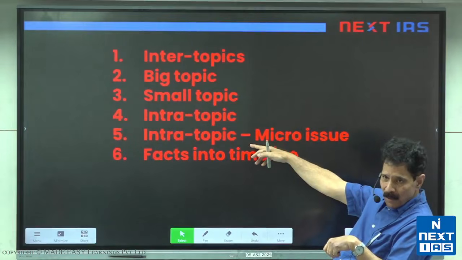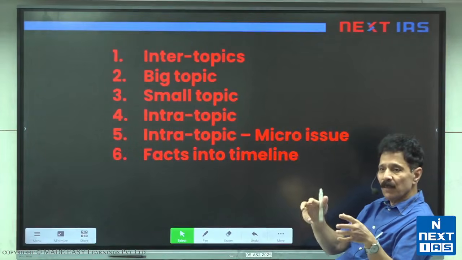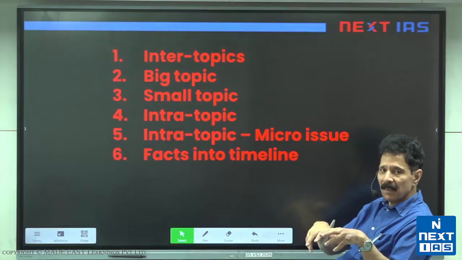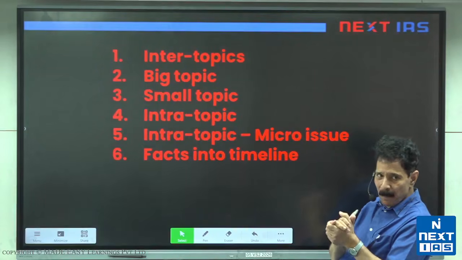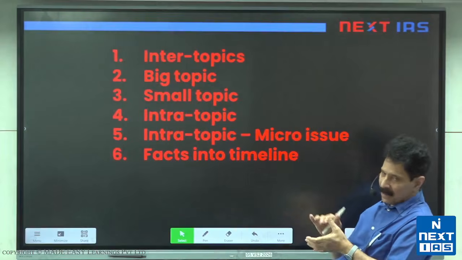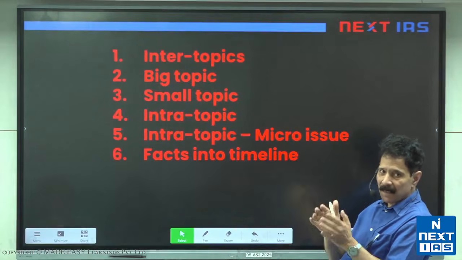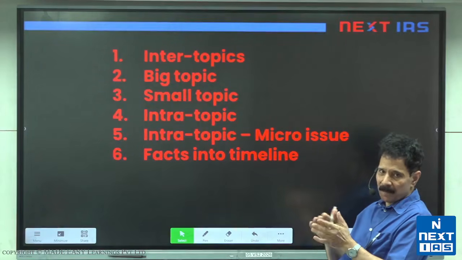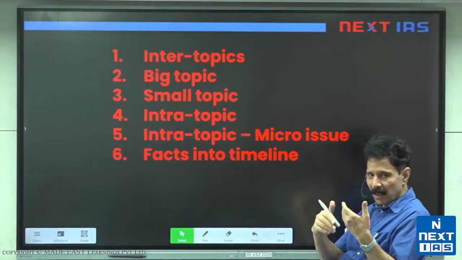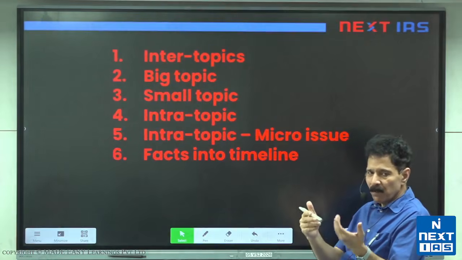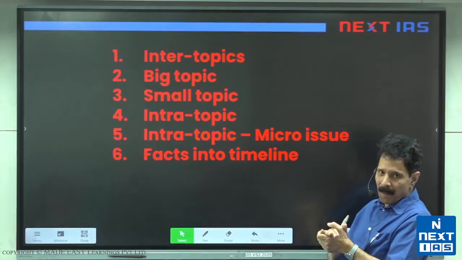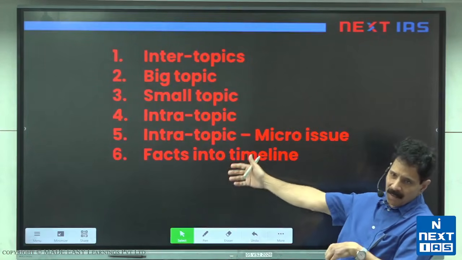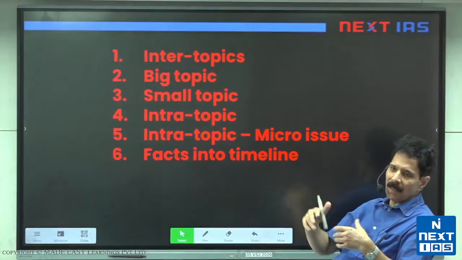Fifth, within a topic but even in a micro issue. And last, facts can also be converted into timeline for faster and more effective preparation. So these are the six ways you have to use timeline.